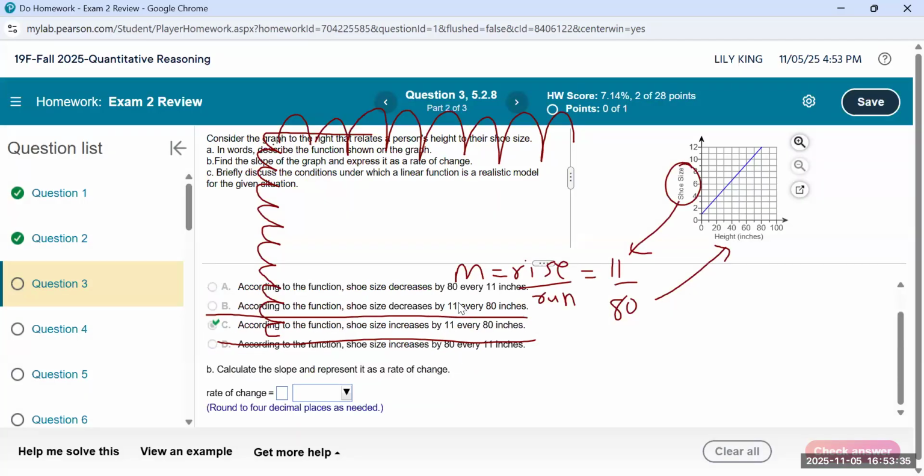Part B is where we have to divide the two numbers we found in part A. So if we divide 11 by 80, we have to leave our answer to 4 decimal places. Rise over run is the same as your slope, how your y is changing with respect to x. So we are dividing 11 by 80, and to 4 decimal places we have 0.1375.